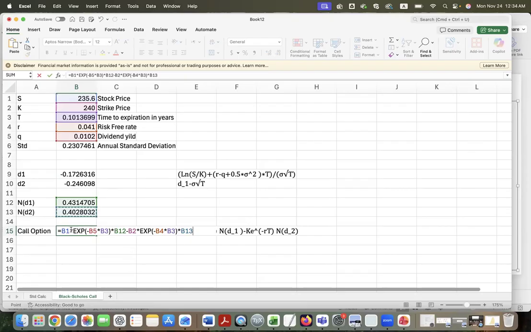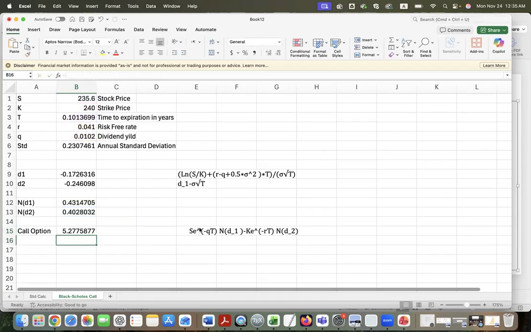Perfect. I'm going to just use parentheses to make sure that these are easy to understand. I didn't make any mistake anywhere. Boom. And it gives me the call option price 5.277.